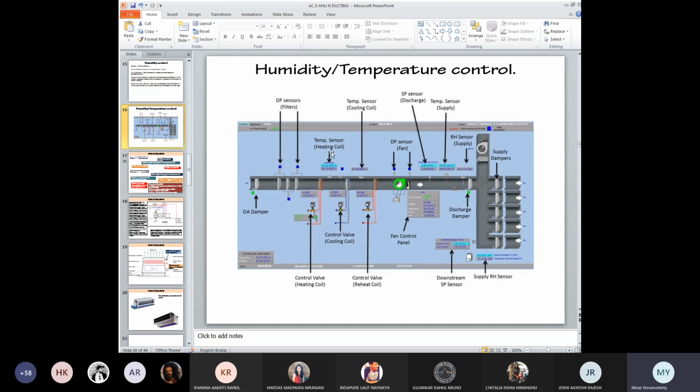So you have a temperature sensor, heating coil, temperature sensor, cooling coil. SP sensor is the discharge. That is how the refrigerant is pumped out, which is called discharge. You have a temperature sensor. The temperature of the refrigerant when it is passing through the coil is also sensed.